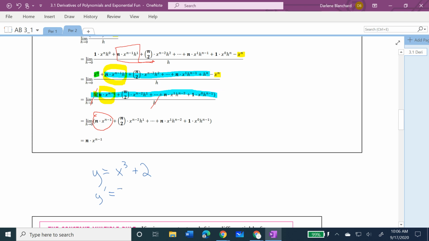Yep, 3x squared. That plus 2 has no effect on the limit. But what if I give you 6x to the fourth? What is the derivative of 6x to the fourth? Mm-hmm. 6 times 4, and subtract 1 from the exponent.